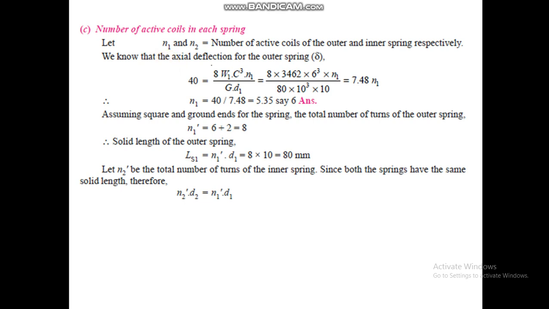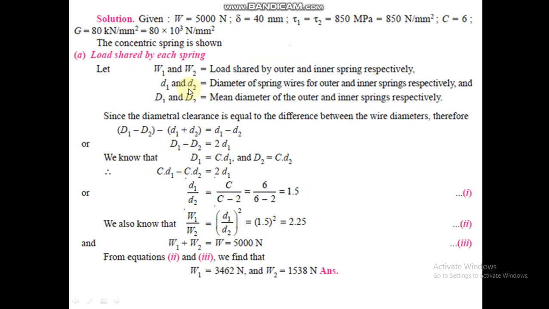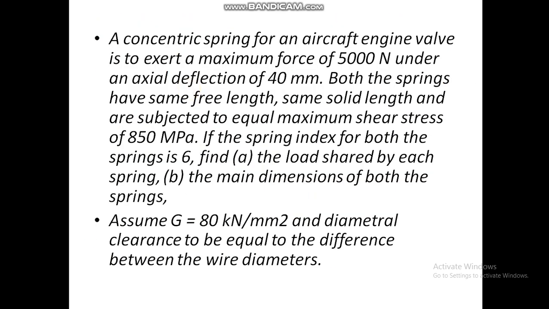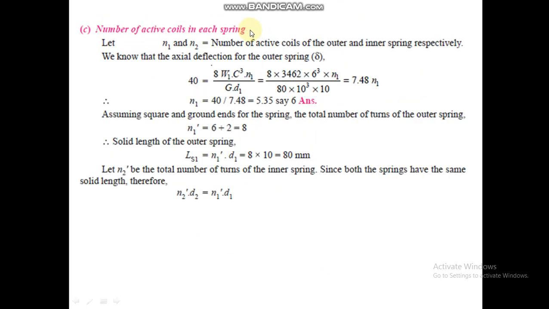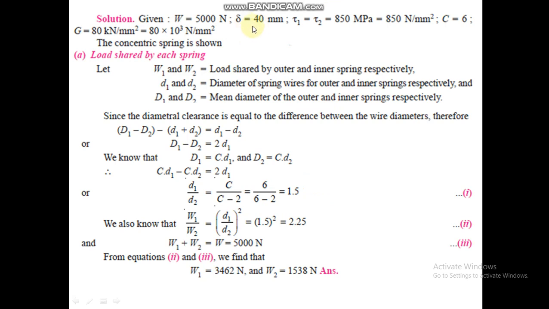Next thing we have to calculate is number of active coils in each spring, that is N1 and N2. Whenever you have to find the number of coils, you apply the formula for deflection. So we know that axial deflection for the outer spring, delta is equal to 40, is given to us.